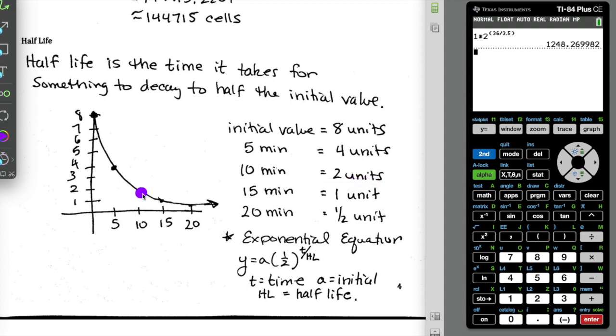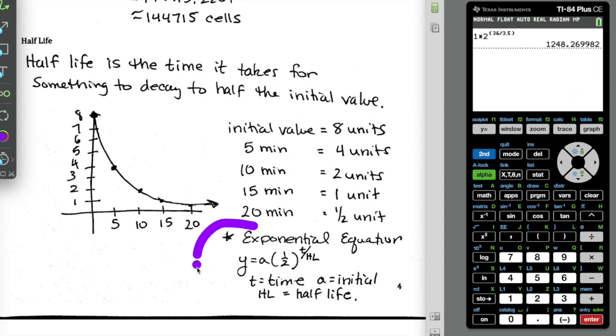So that's going to be here. Then it's going to get cut in half again after 5 minutes. So that would be 1. And then again in 5 minutes, it's going to get cut down to a half unit. And you can see it's going to get closer and closer to the x-axis because it's going to keep getting cut in half. So theoretically, since it keeps getting cut in half, it's never actually going to touch the x-axis.